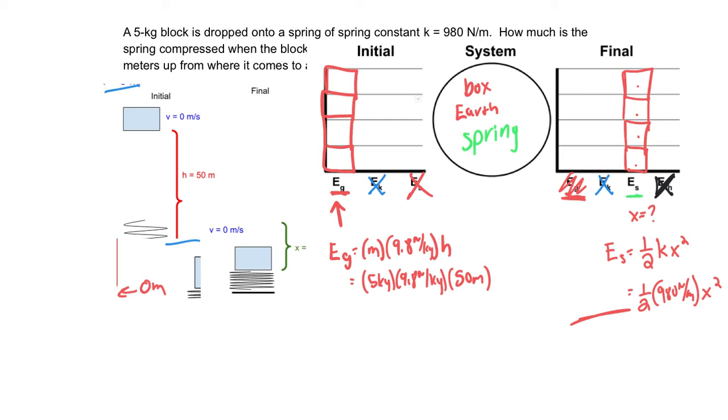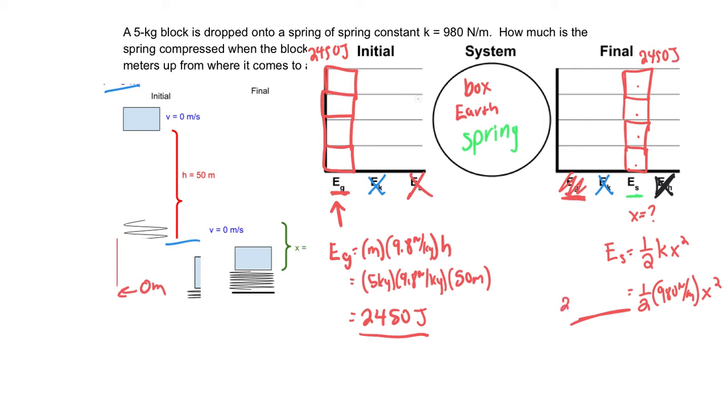Okay, so what I'm going to do now is I'm going to go grab my calculator, and we're going to do 5 times 9.8 times 50, and that gives me 2,450 joules of energy. So if I know that this is 2,450 joules of energy, this must also be the same amount.